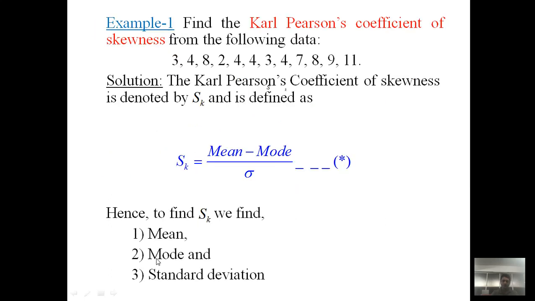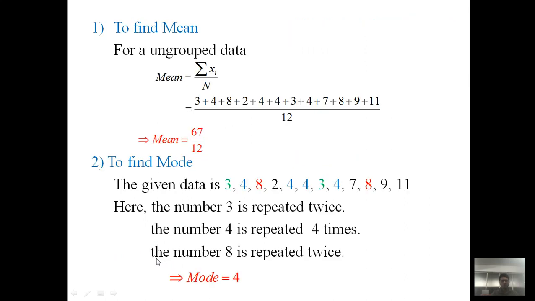Next, to calculate the mode. Since the data is ungrouped, it is very simple to find the mode. This row again represents the data: 3, 4, 8, 2 and so on up to 11. It is easily seen that the number 3, highlighted in green, is repeated twice.